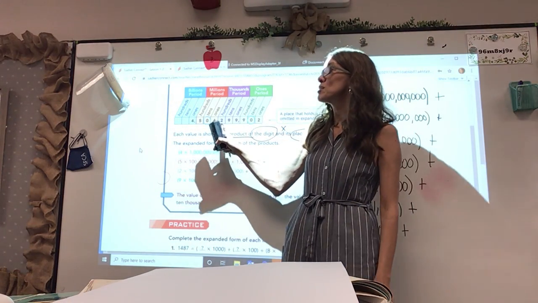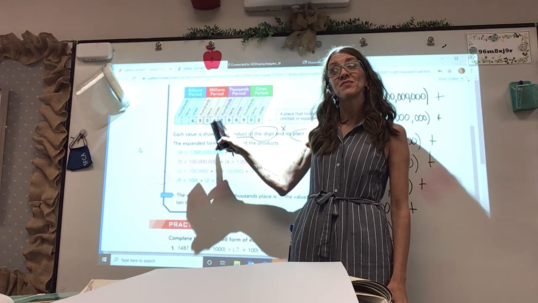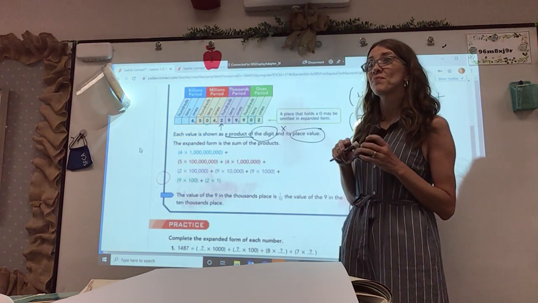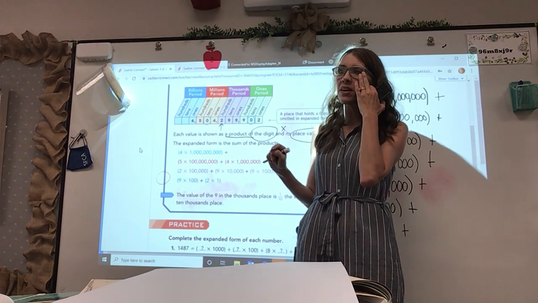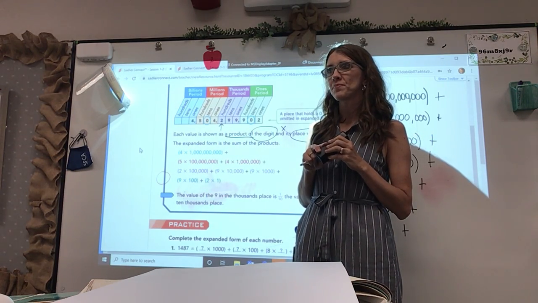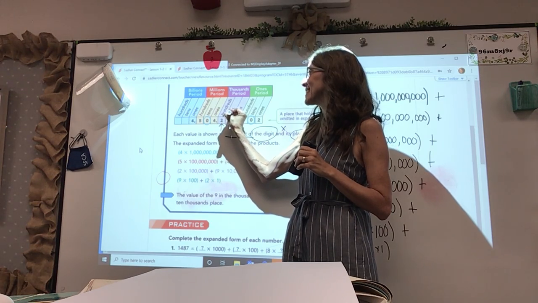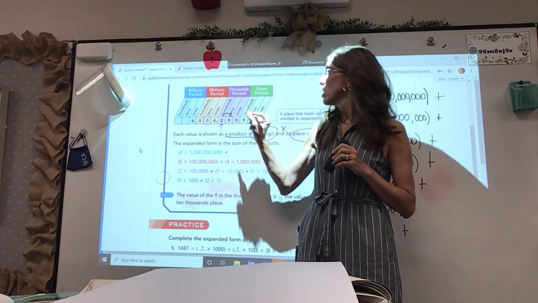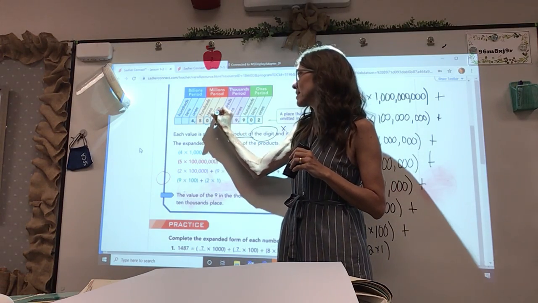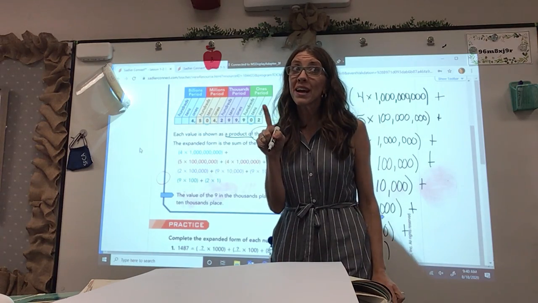Where do I move the 2 to make it only worth 1/10 the value? Eli, do you know? Where do I move the 2 so that it's 1/10 of the value? To the right. Where do I move this 2 if I want it to be 10 times the value? Lydia? To the millions, 1 to the left. Good. All right. Keep all that in your brain.